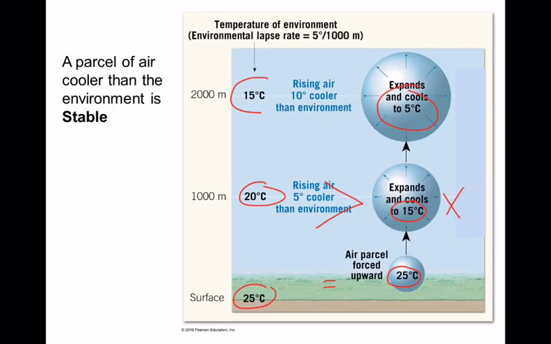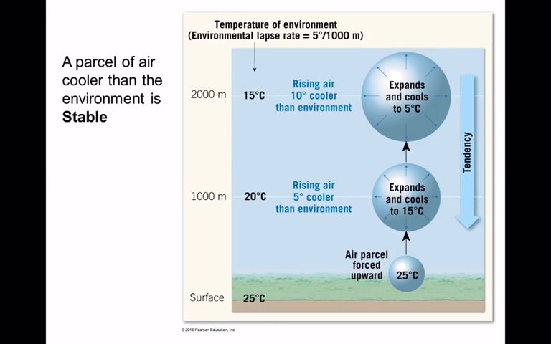Here, it's still colder. It does not want to rise. We can make it rise by one of our lifting mechanisms, but it fails the hot air balloon test. So in this particular scenario, the tendency is for it to want to go down. It's fighting that whole rising and cooling. So that's why we say that the environment is stable.